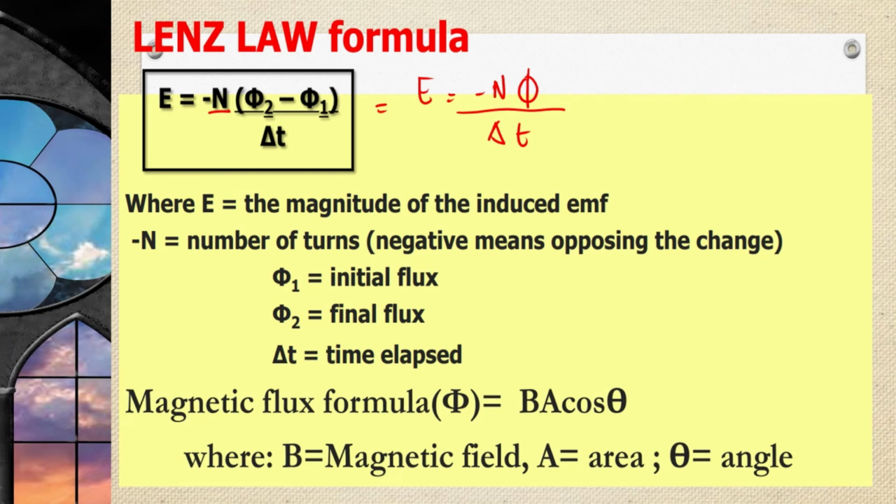And our magnetic flux can be solved using BA cosine theta, wherein B is the magnetic field in Tesla, A is the area in meters squared, and the angle, cosine theta. So instead of using the flux symbol, we can substitute BA cosine theta. Let's try to solve some sample problems related to Lenz law.